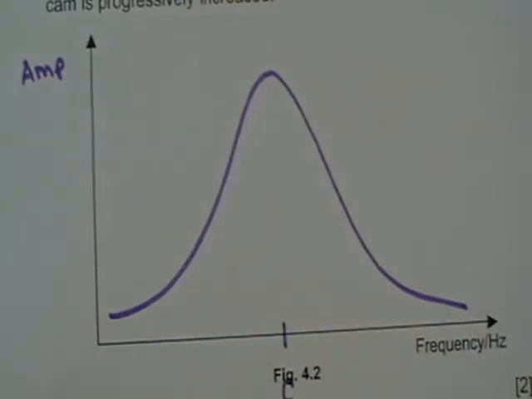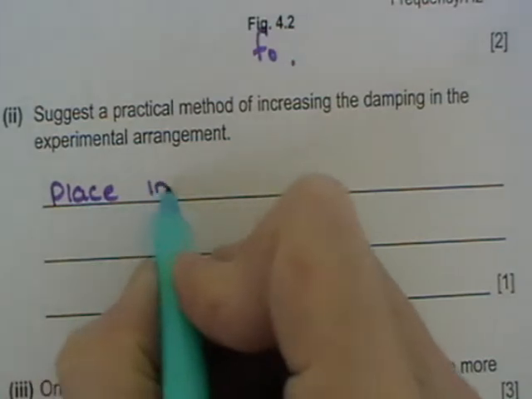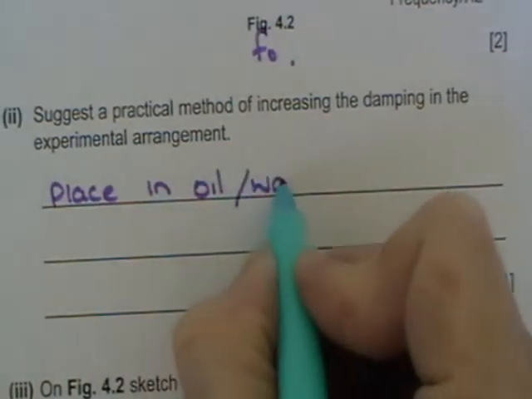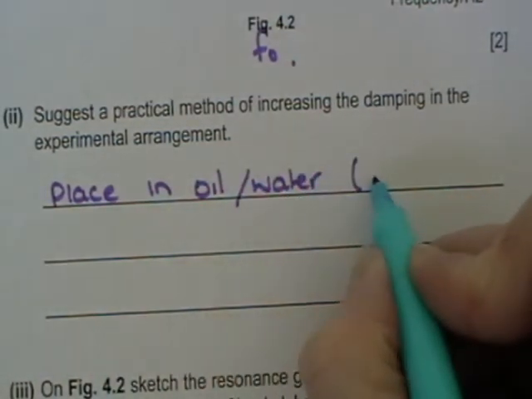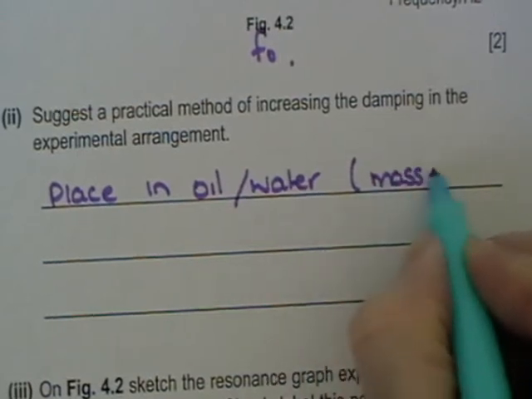Suggest a practical method of increasing the damping of the experimental system. So you could place in oil or water. I just put in brackets here the mass and spring.